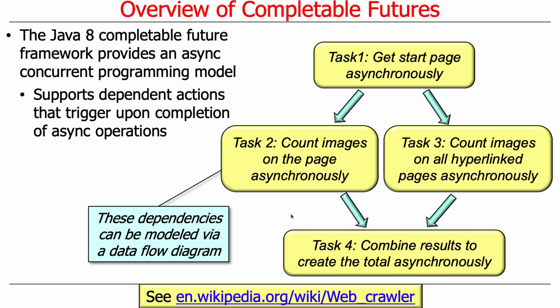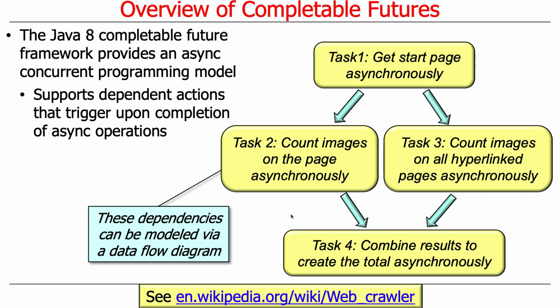And to do this, I'll model some examples of dependent actions that trigger upon the completion of asynchronous operations using a data flow diagram. This is a very simple data flow diagram for a web crawler. This web crawler is something we'll talk about, and then your fourth assignment will have you implement this web crawler in all of its full-blown glory.